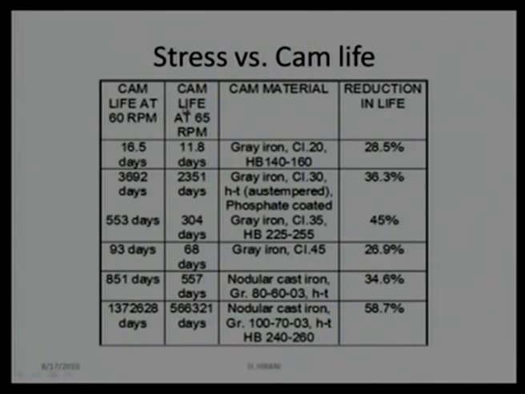Now, utilizing those parameters, when we think of a cam follower running at 60 rpm, we can find out the life for the grey cast iron C20, which has a lower hardness. It appears that this kind of material will show very low life. It shows only 16.5 days, much lower life.